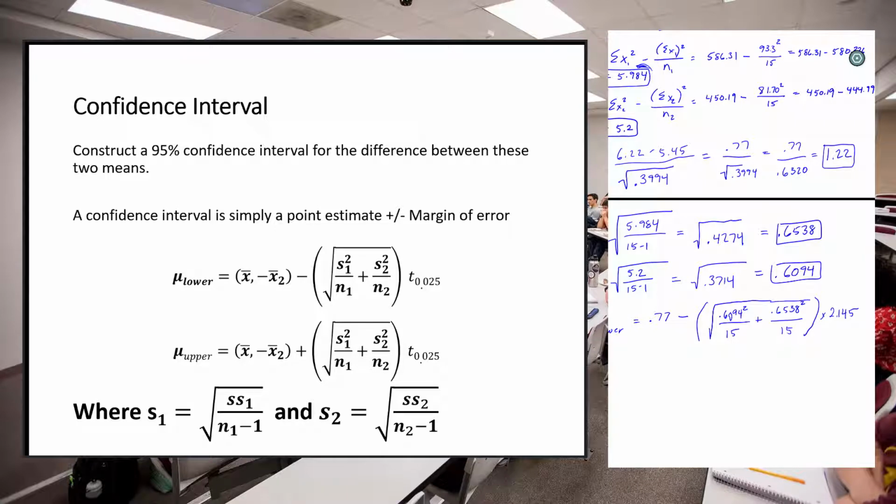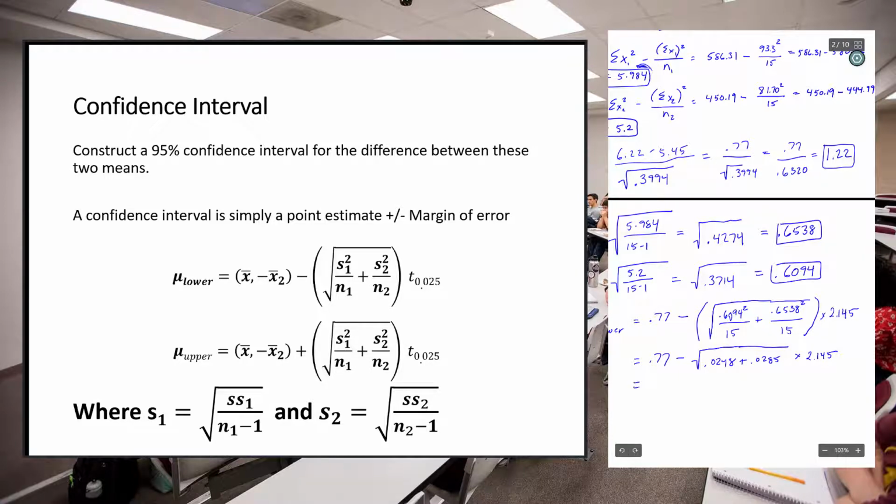So this is going to resolve to 0.77 minus the square root of 0.0248 plus 0.0285 times 2.145.